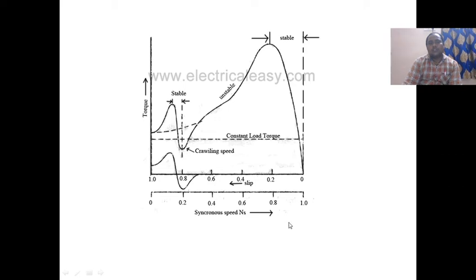So this is the speed axis, this is the slip. Whenever the speed increases, the slip decreases. As the slip increases from 0 to 0.2, 0.4, the speed automatically decreases. Both are inversely related: speed increases, slip decreases; slip increases, speed decreases. This is the torque line.